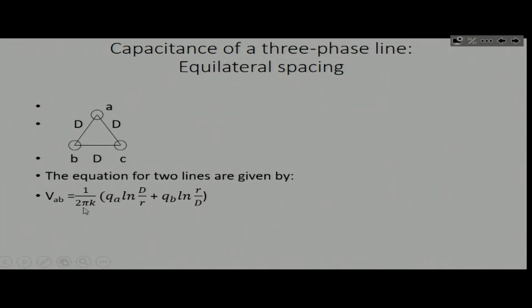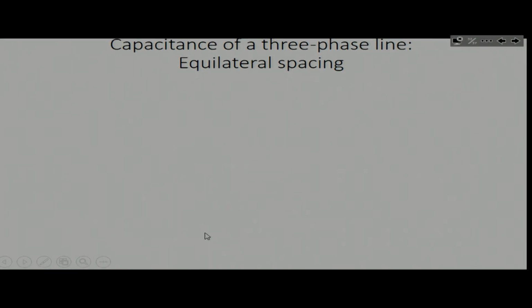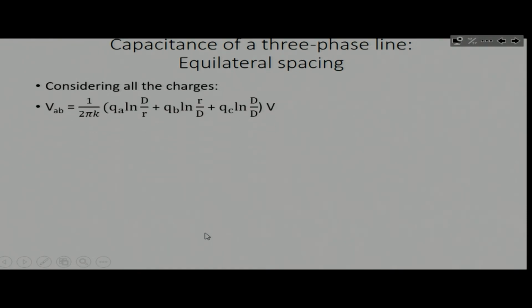VAB is 1 over 2 pi k times QA ln D over R plus QB ln R over D. And if we now look at conductor C, the charge on it is QC, and its contribution to VAB is QC over 2 pi k ln D over D. And if we consider all the charges together, we get VAB is equal to 1 over 2 pi k times QA ln D over R plus QB ln R over D plus QC ln D over D. And the same for VAC.